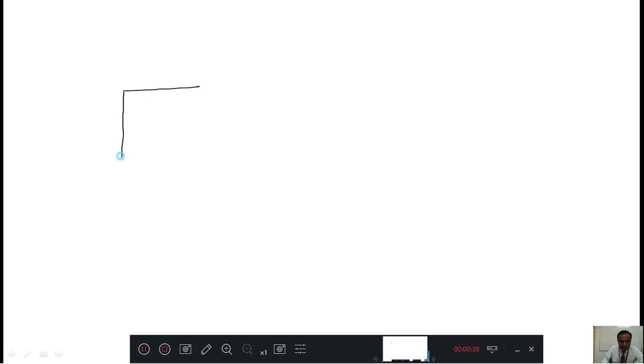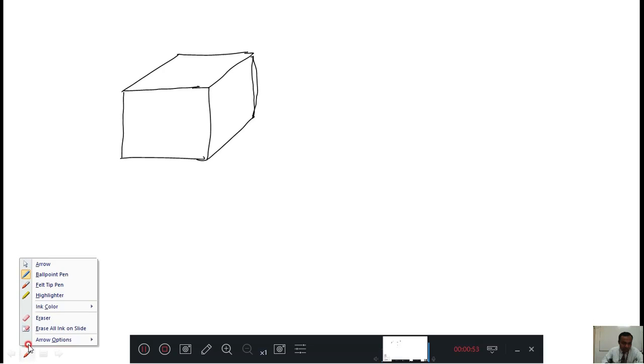See, this is one body, and it is in three dimensions. Okay, now this is three-dimensional, and here I will mark the x-axis and y-axis.